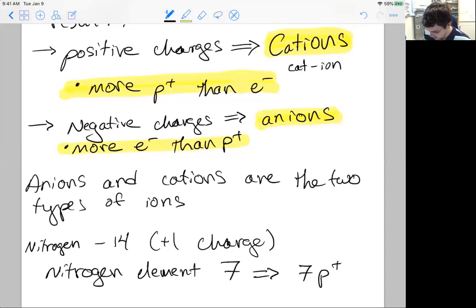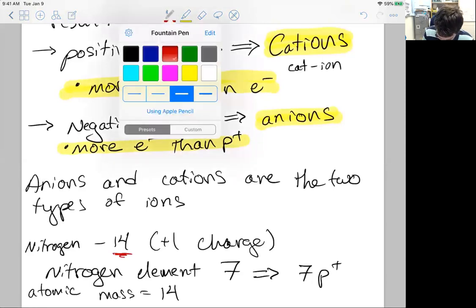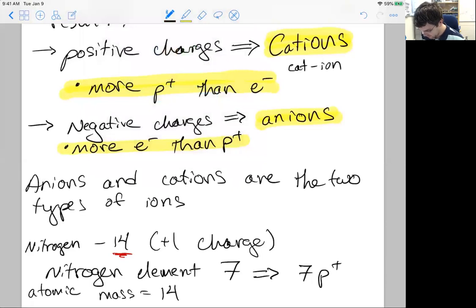Now we could do either the neutrons or the electrons next. I'll stick with the neutrons. So the atomic mass equals 14. Why? Because I said it equaled 14 in my definition of the atom, just the example that I provided for you. So the atomic mass of 14 is equal to the number of protons plus the number of neutrons. So we have 7 neutrons.